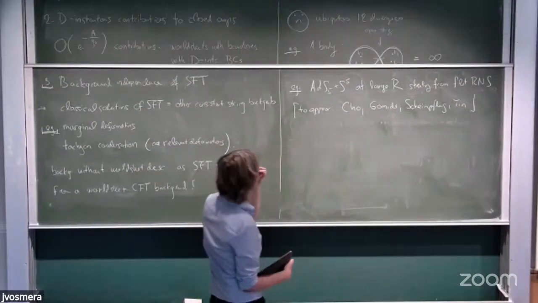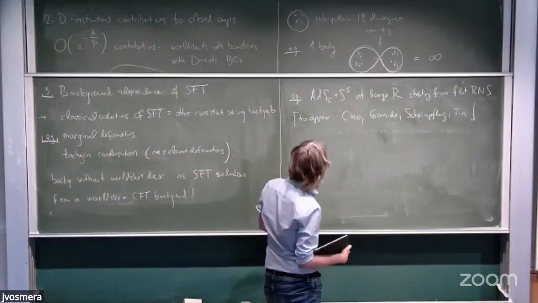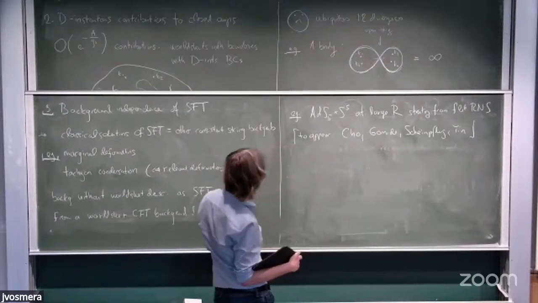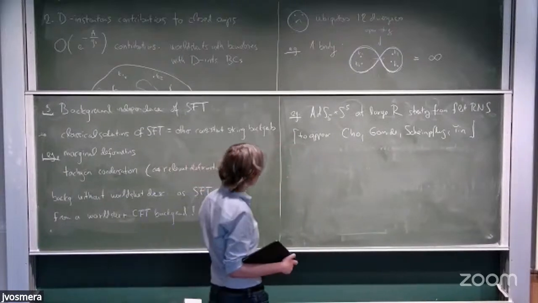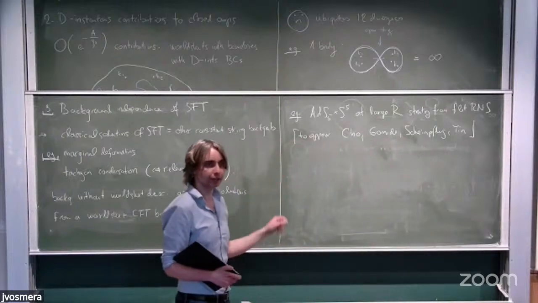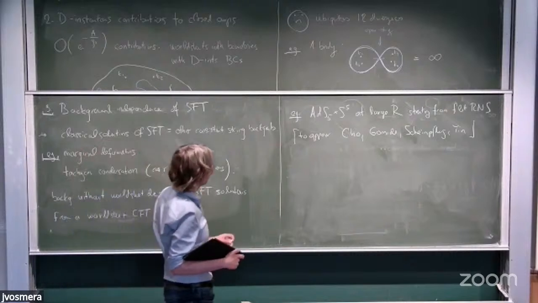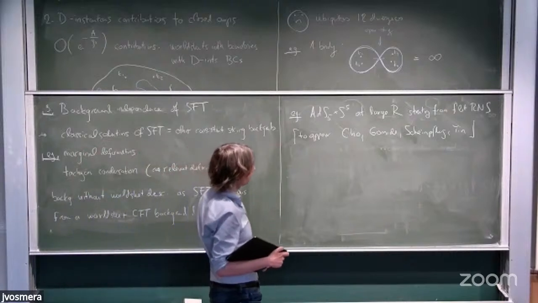In particular, I think they construct, in principle to all orders, the deformation of flat space in RNS which gives AdS5 cross S5 at finite value of the radius. I think that's the stage at which they currently are.